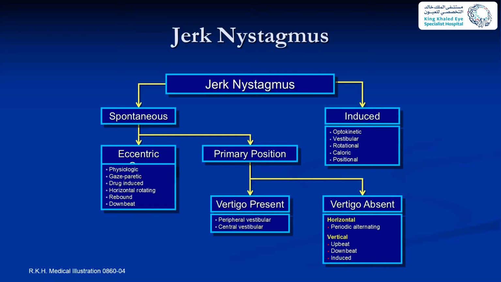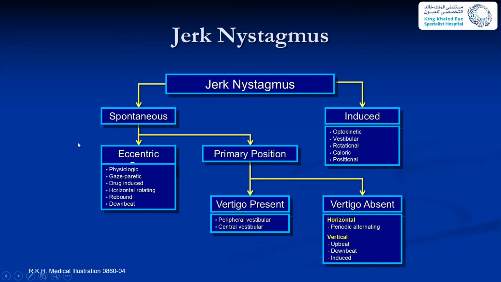Primary acquired nystagmus is either with vertigo or not with vertigo. And here we have periodic alternating, upbeat, downbeat, or induced. We will come to them in detail. Eccentric nystagmus could be physiological. When the eye moves to the extreme end of gaze in abduction, we might have fine jerk nystagmus.